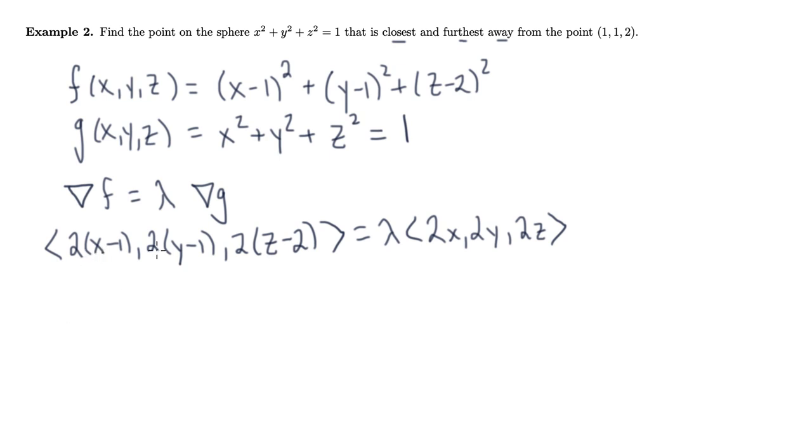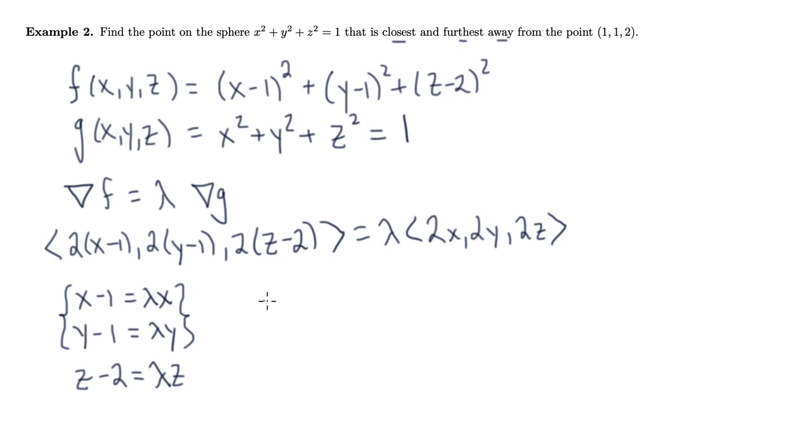So the equations we get, I can divide by 2, computing the x coordinates. So I have x minus 1 equals lambda x. I have y minus 1 equals lambda y, and then I have z minus 2 equals lambda z. So if I take these first two equations and subtract them, what I get, so x minus 1 minus (y minus 1) is x minus y.